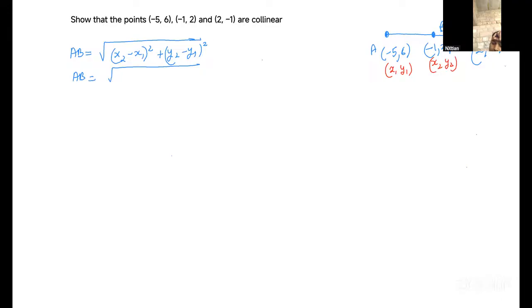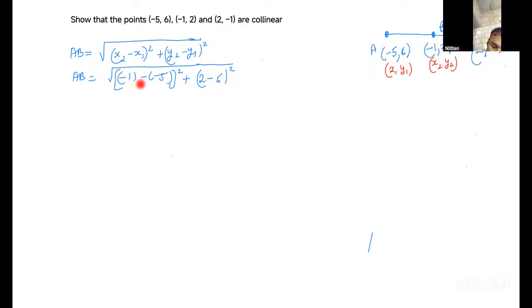It will be root of (-1 minus of -5) square plus (2 minus 6) square. Did you understand, guys, what I did? I put the value of x2, which is -1, and the value of x1, which is -5, and the minus sign was already there.